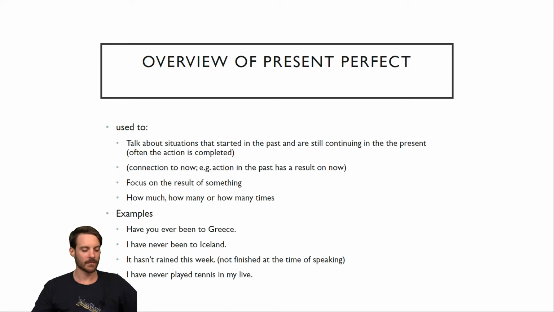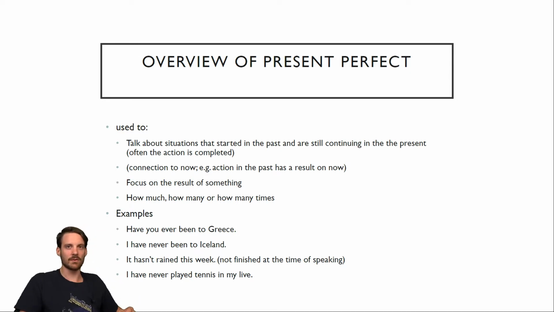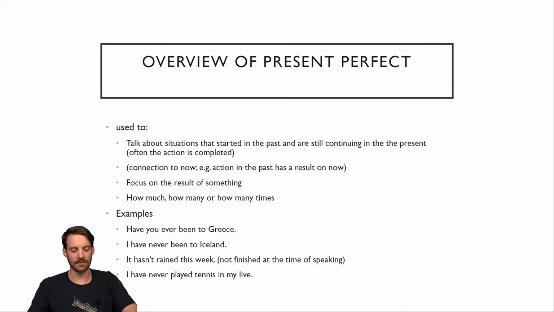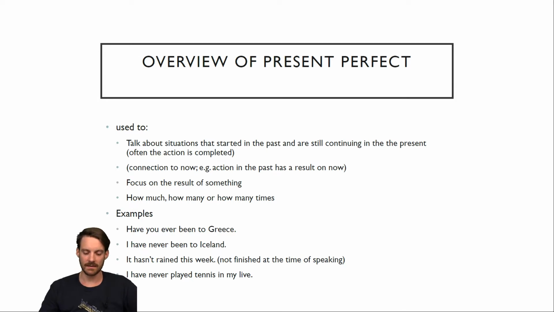What you need to do to understand this tense is that we use it to talk about situations that started in the past and are still continuing in the present, or have just stopped. It is more difficult, but we explain it in a simple way.